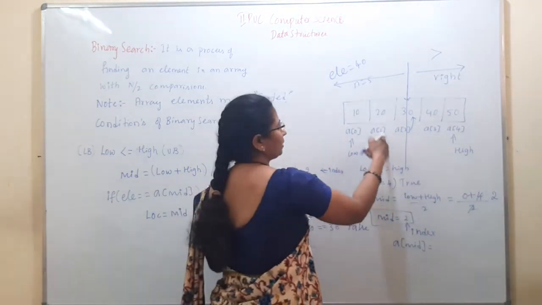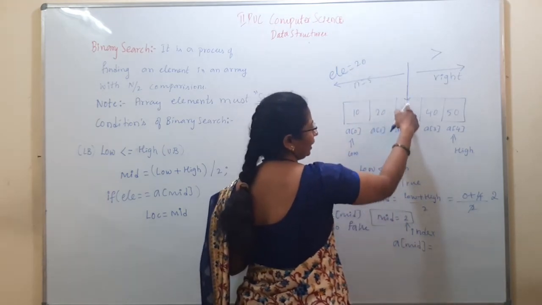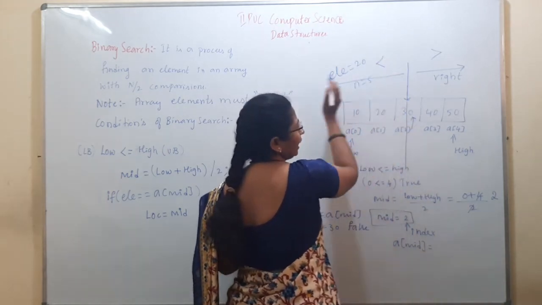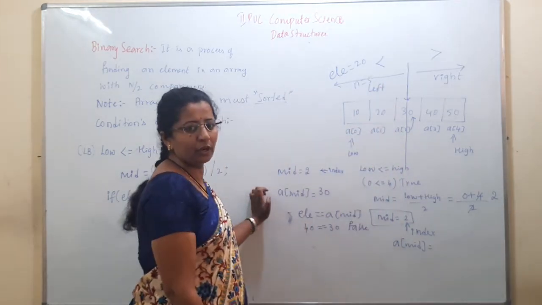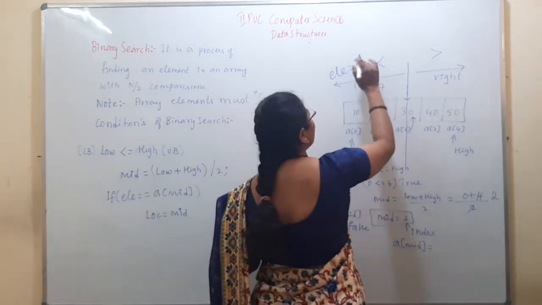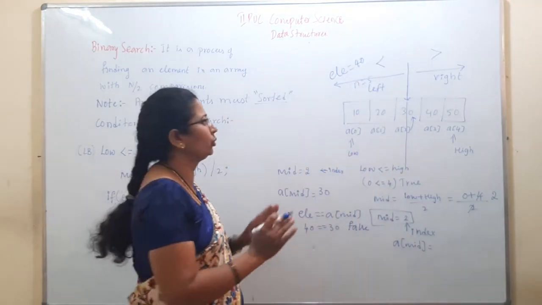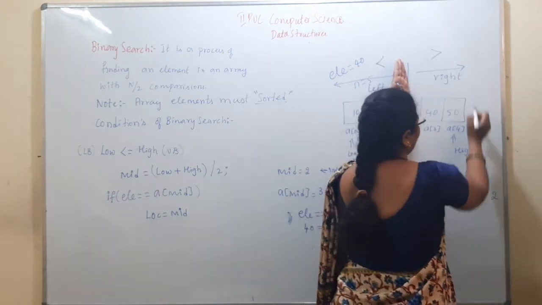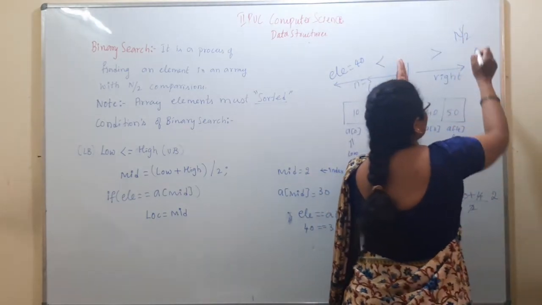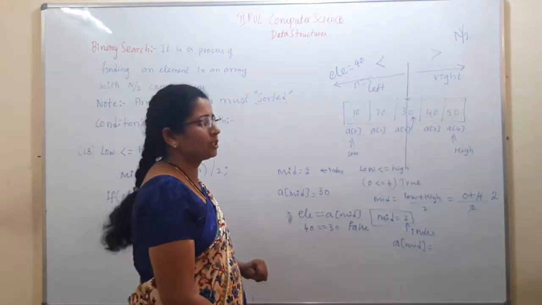If my searching element, say 20, is less than the mid element, traverse towards the less than side, the left hand side. Did you get it? Depending on the searching element, traversal has to continue. Then only half of the elements we are comparing, hence it is n by 2 comparisons.